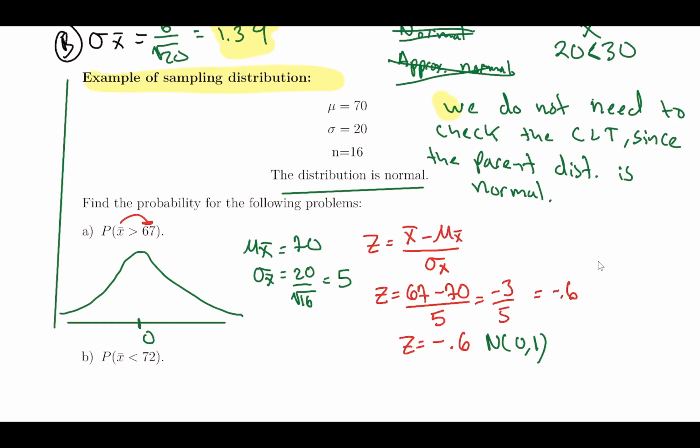Because remember, once I standardize x bar into a z value, now the mean converts back to 0 and my standard deviation converts back to 1. So now if I put negative 0.6 over here, which side should I shade? Should I shade the left side of negative 0.6 or the right side? Cool. And the reason I know to shade the right side, you have to look at this inequality. That inequality is telling me to shade the right side.